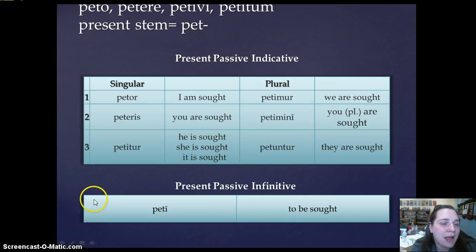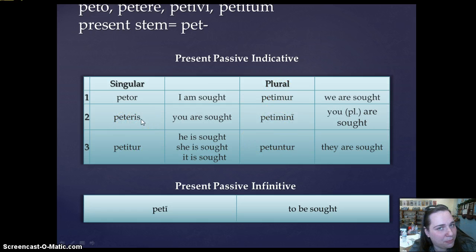Now, forming the present passive, again, the first person singular present passive indicative is the first principal part plus the -r. For the rest of the present passive indicative, we need our present stem pet. We then add the vowel that we need.